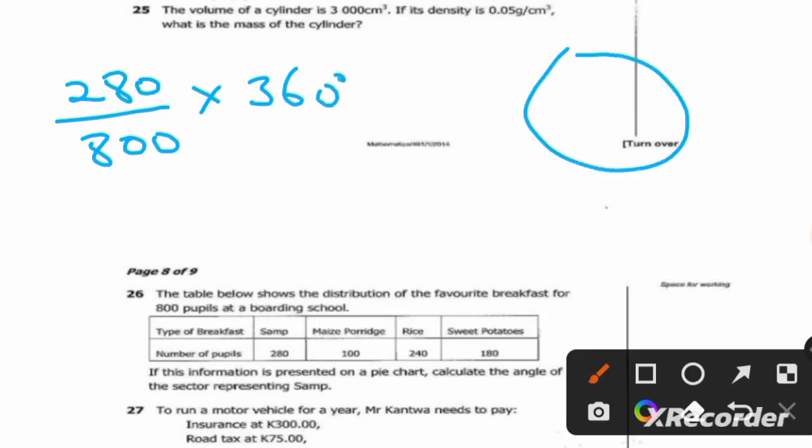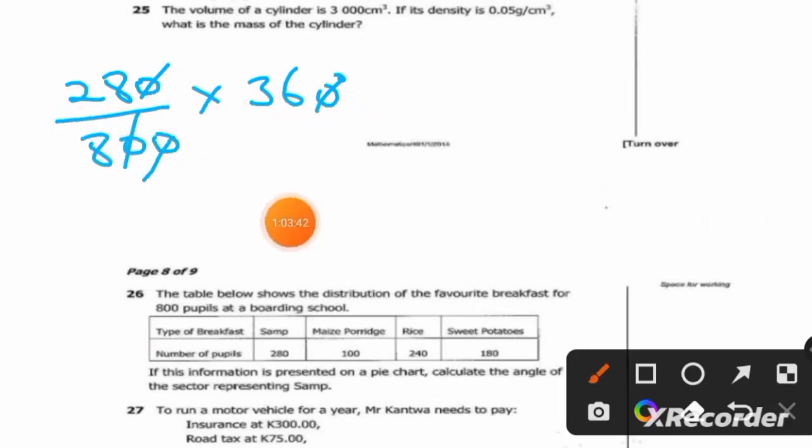So we are talking about a pie chart, and a pie chart adds up to 360. This zero and this one will go. The next thing that we are going to do is simplify. Before we multiply, let us simplify.